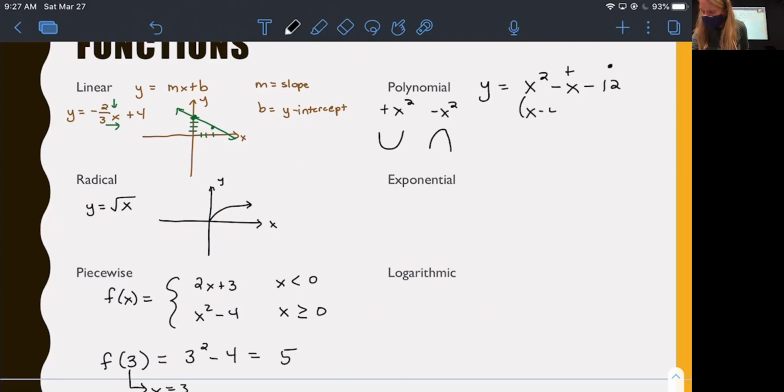So this would be (x minus 4)(x plus 3) equals 0. And then what are the two values that would make this 0? x equals 4 and x equals negative 3. So those would be my x-intercepts: negative 3 and positive 4, and then it's a happy parabola.